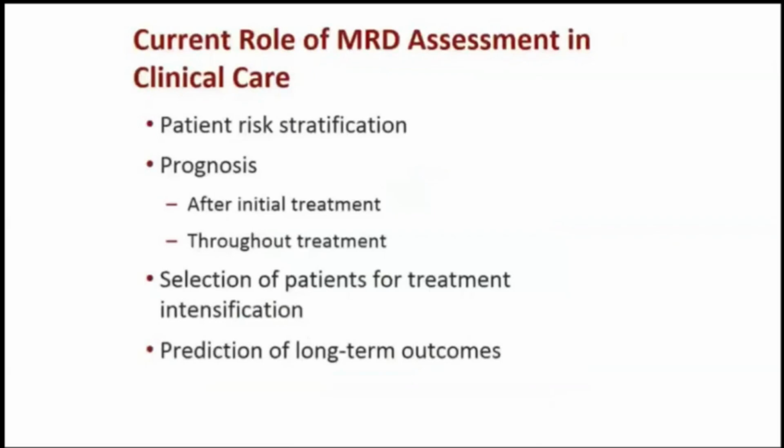So the current role of MRD assessment in clinical care comprises, first, patient risk stratification. I would say that, independent of molecular risk factors, if I am asked as a clinician what single factor I would take into consideration while risk stratifying a patient of ALL or AML, I would say it's MRD, because that gives 2 pieces of information.